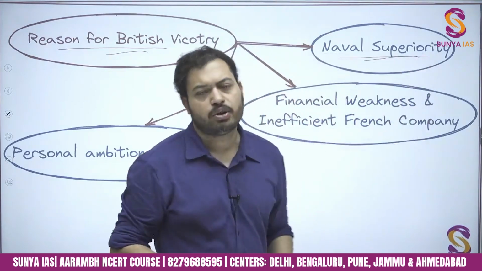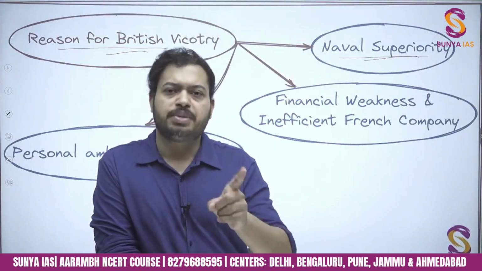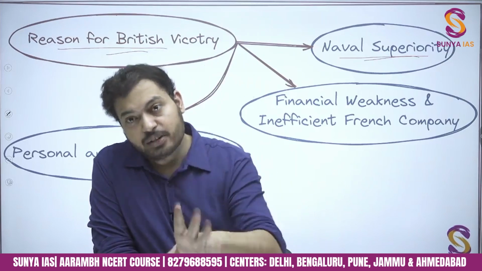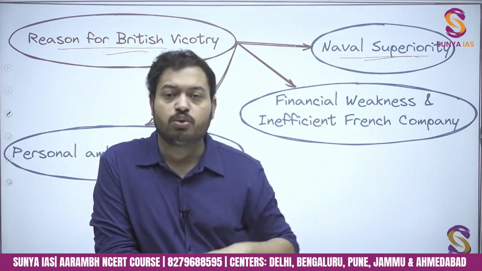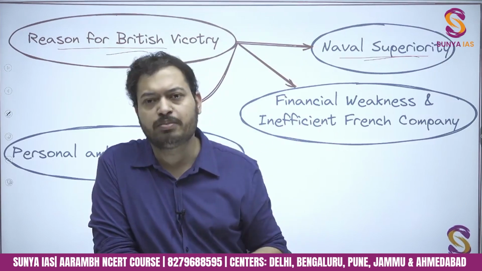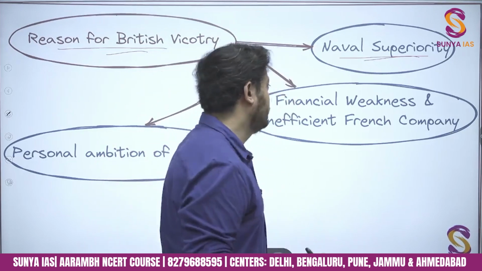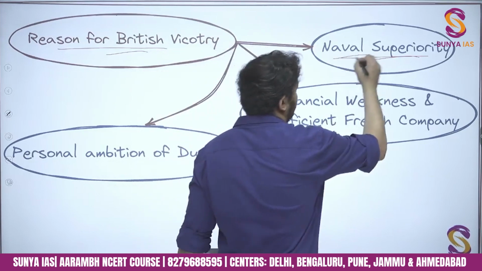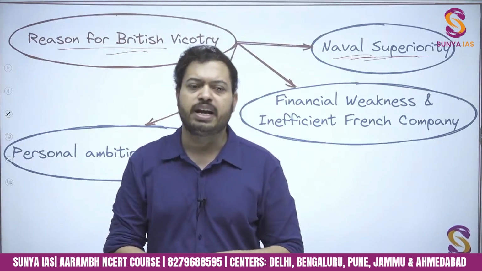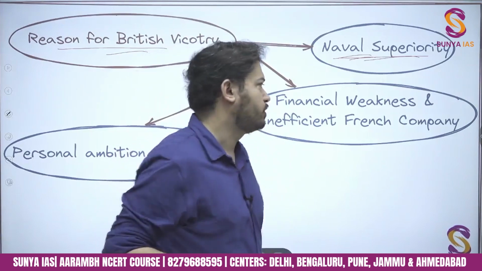Just like the Portuguese had naval superiority in the 15th and 16th century, the British had naval superiority in the 17th, 18th, 19th and the initial 10 to 20 years of the 20th century. And then the Americans started developing, and in between there was also a German presence, but that is a talk for a later issue. Here you need to know that in the 17th and 18th century, naval superiority was in the hands of the British, and so it played a very important role.